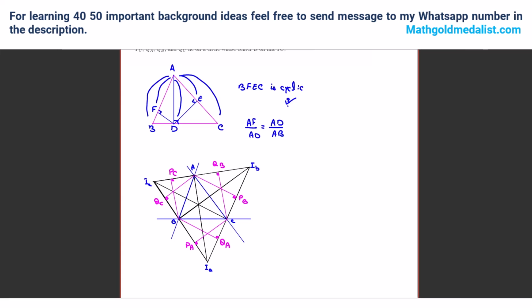Have you found any of them? Oh wait. IA is perpendicular, right? Which is perpendicular? This one? Mm-hmm. Perpendicular to BC? To IB, IC, or no? Yes, because internal angle bisector, external angle bisector.